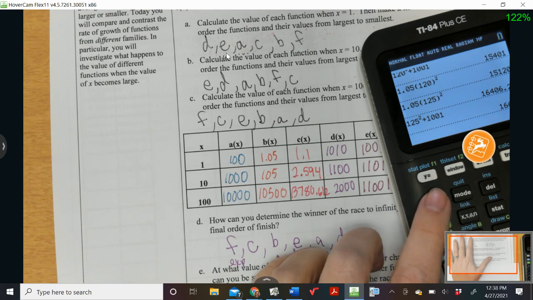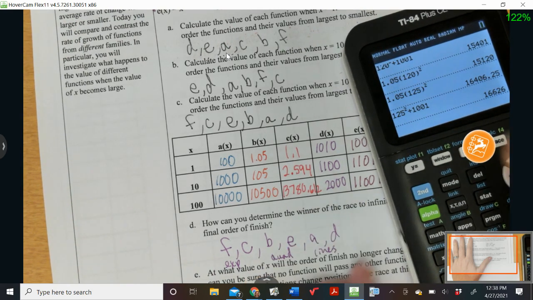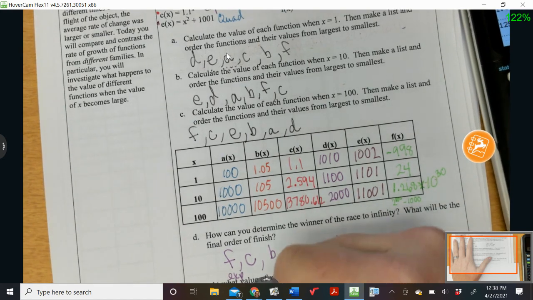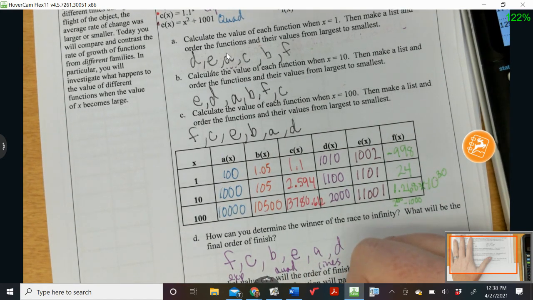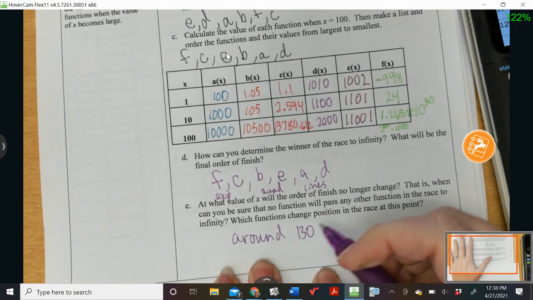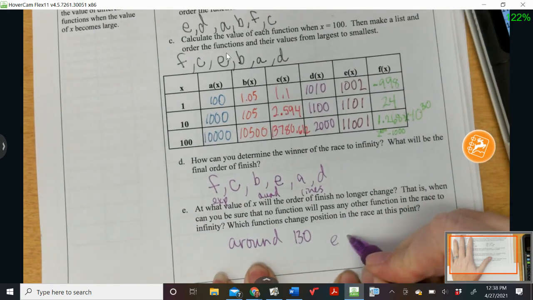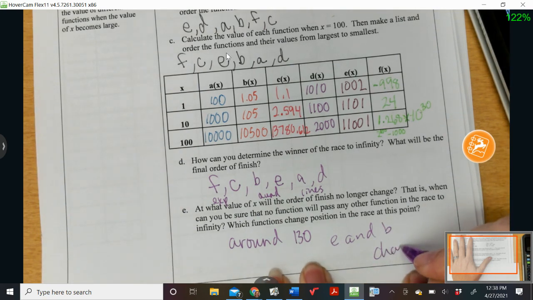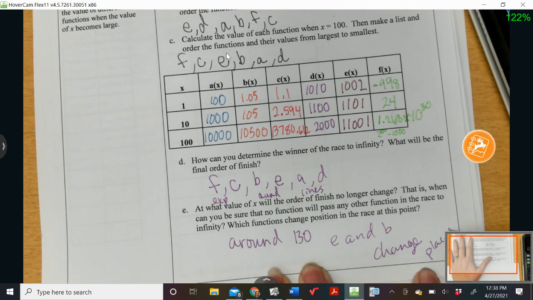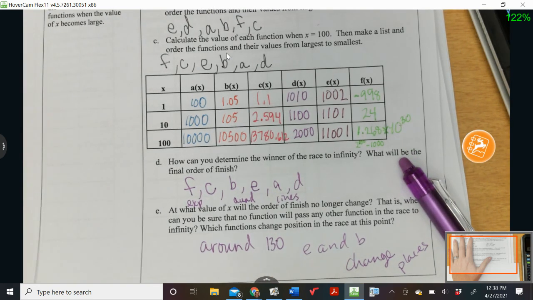So we're zeroing in on it. I don't know if you can see that. So I'm going to go with 130. There you go. Okay. So that's that.